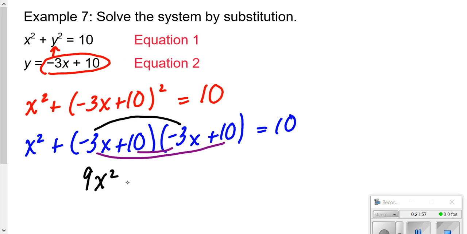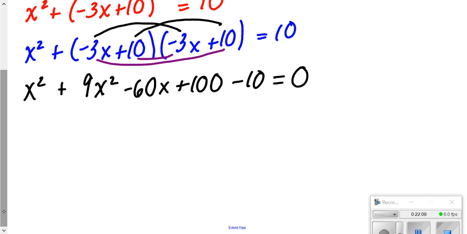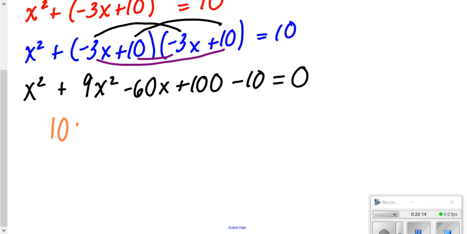So altogether negative 60x. And then 10 times 10 is 100. I also have an x squared up front. I also am going to subtract that 10 over to the other side, so I have 0. Then we're going to combine like terms. So I've got 10x squared minus 60x plus 90 equals 0.